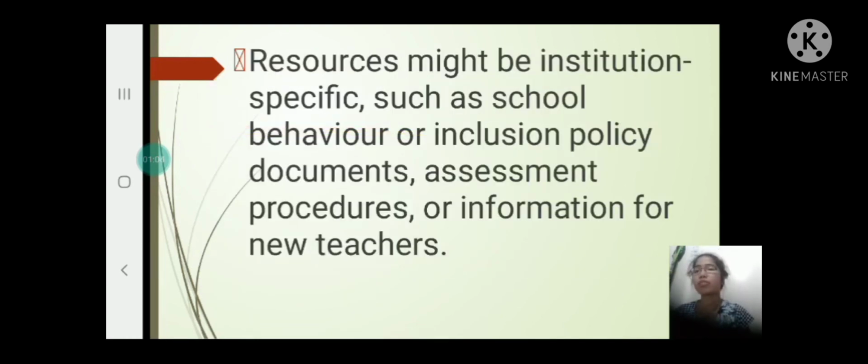Resources might be institution-specific, such as school behavior or inclusion policy documents, assessment procedures, or information for new teachers. This usually happens in private school kasi more on yung mga bagong teacher, di ba, sa private school sila pumupunta to gain experience.